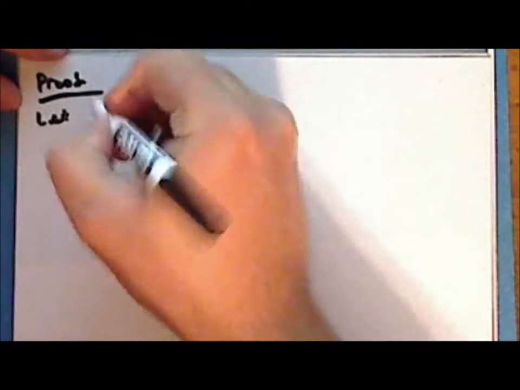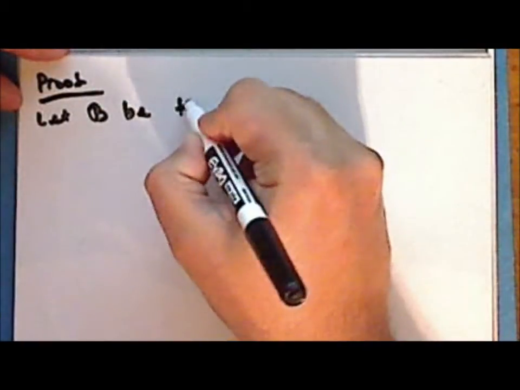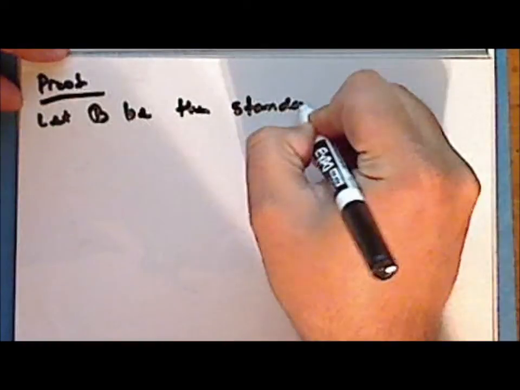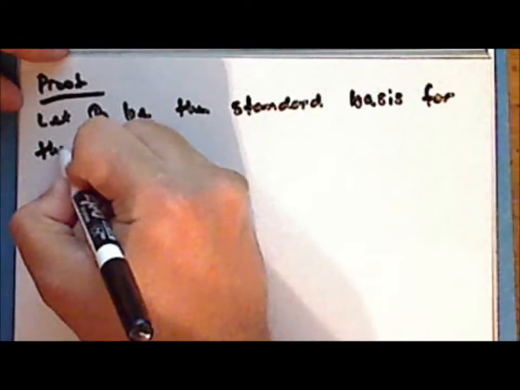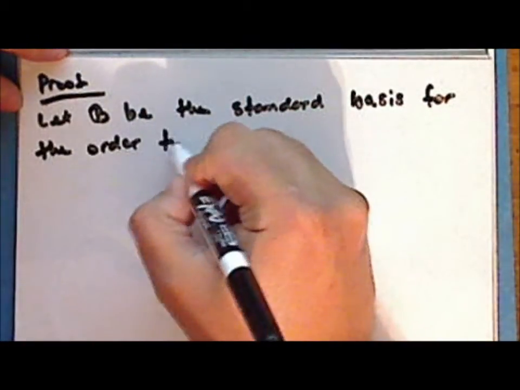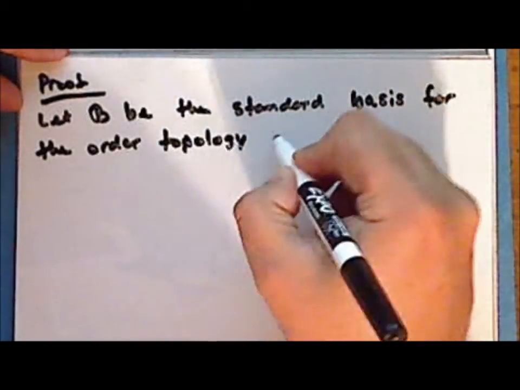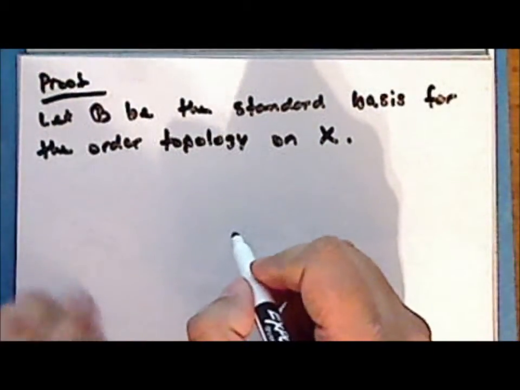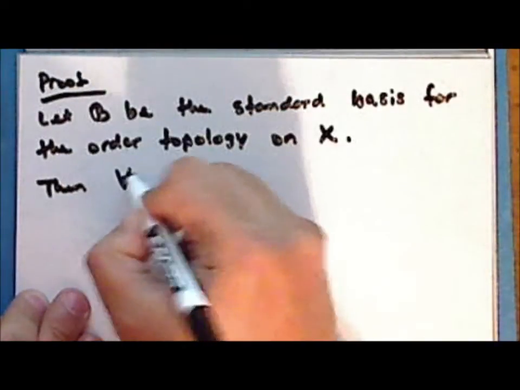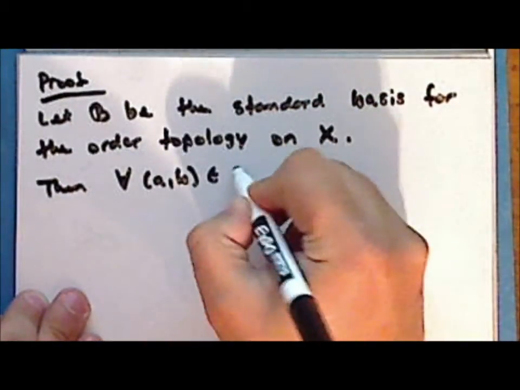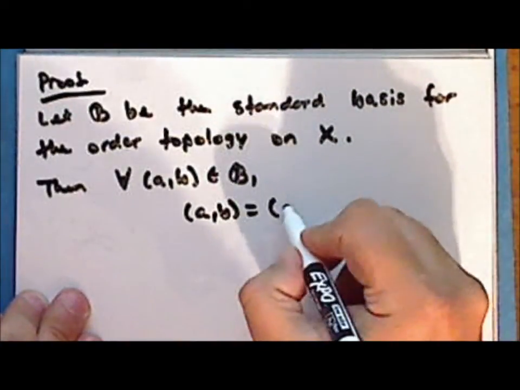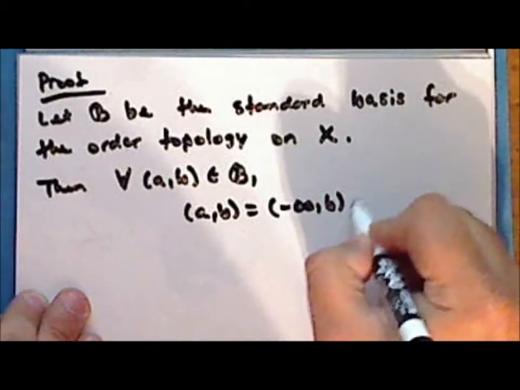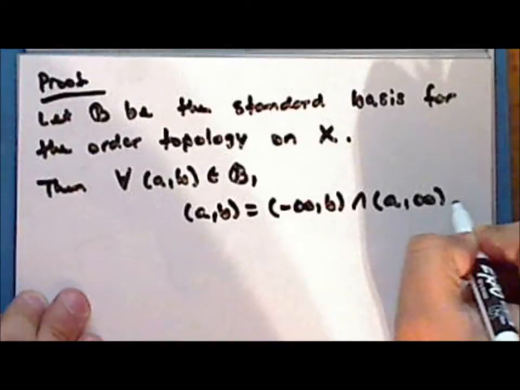So proof: let the collection script B be the standard basis for the order topology on the set X. Then, for every open interval from A to B in the standard basis, this open interval is the intersection of the open ray from negative infinity to B with the open ray from A to positive infinity.